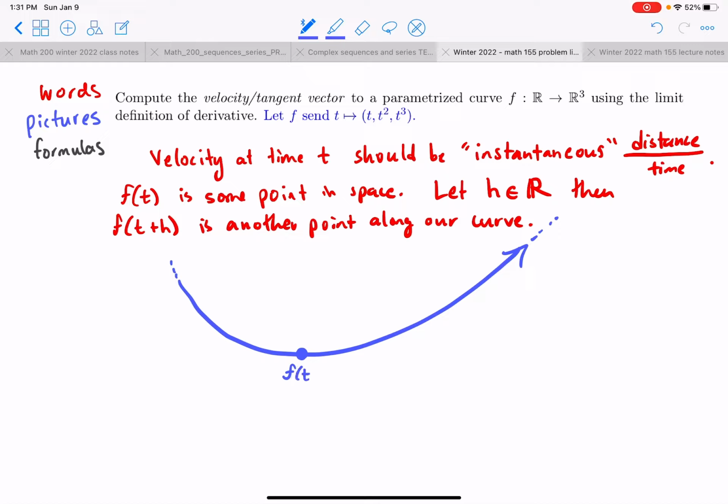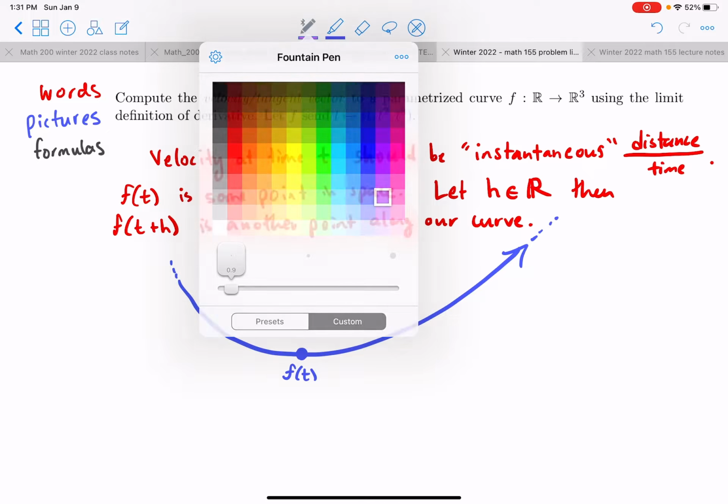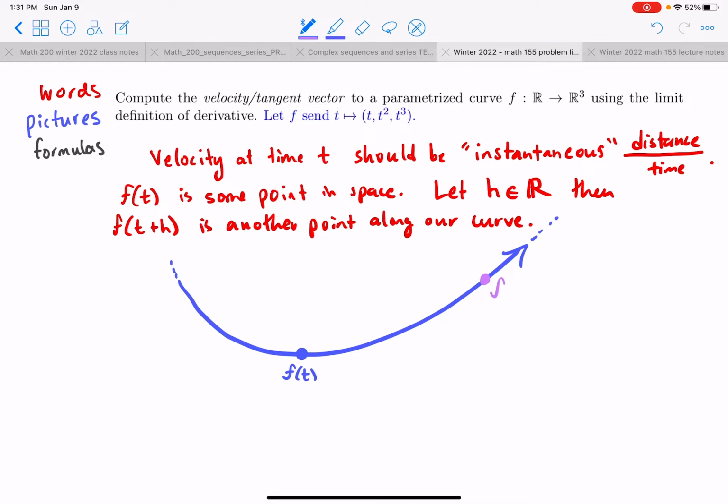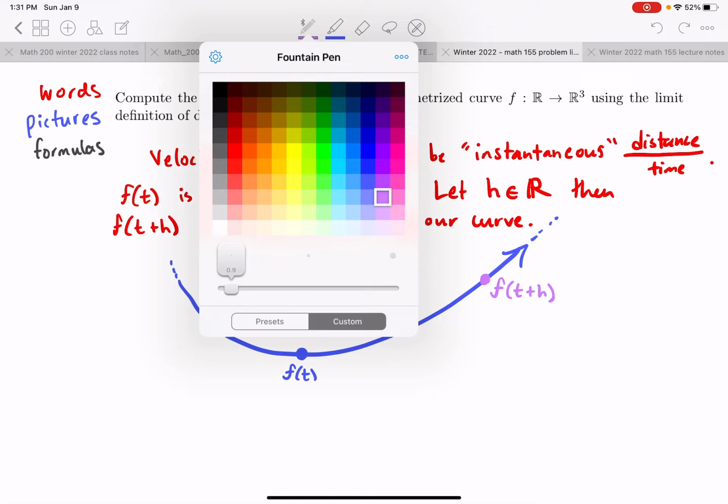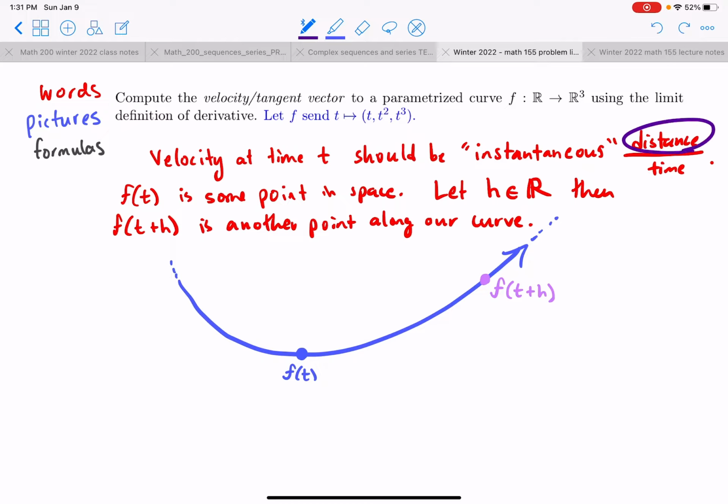That's f of t. Well, then let's draw a couple f of t plus h's. So yeah, maybe I'll start with this. Maybe this is f of t plus h. Some h is a new real number. So f gives us a point in three-dimensional space, so it's over here. Then we can look at the distance. The distance is this vector, final minus initial.